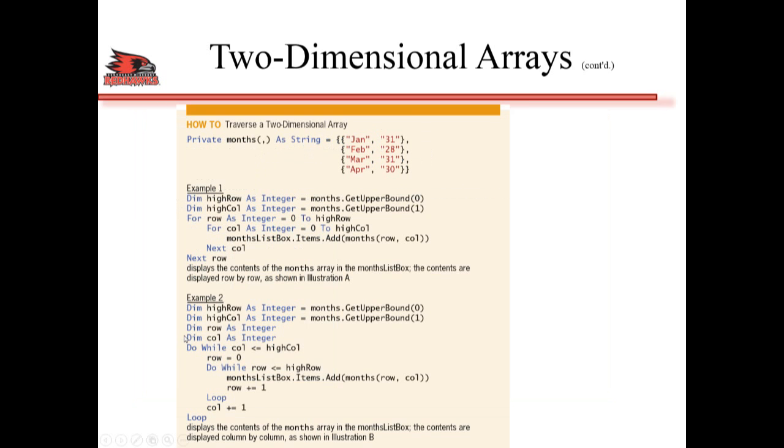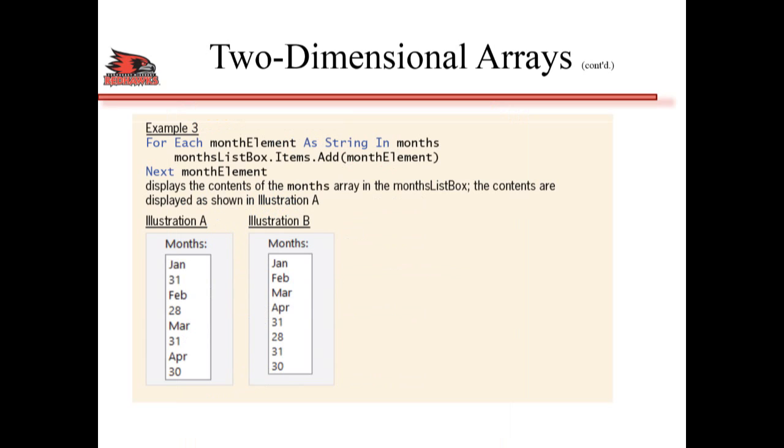And example 2 is kind of the same thing. It's just that first all the months are displayed, and then the number of days in each are displayed using a do while loop. So what's going to happen is something like this. First all the months are displayed and the corresponding days in each month are displayed.